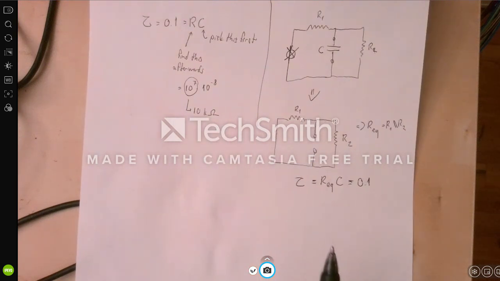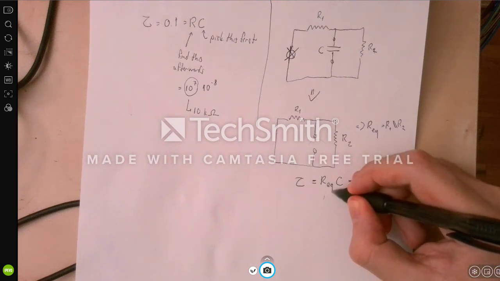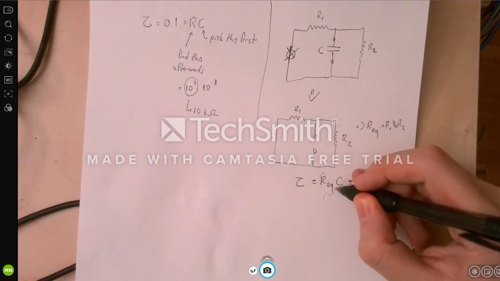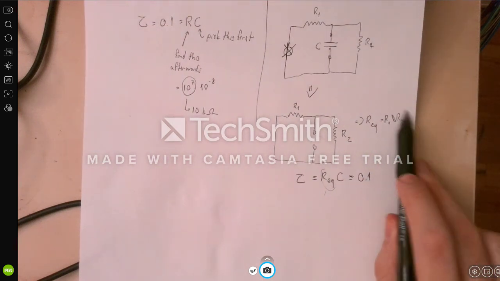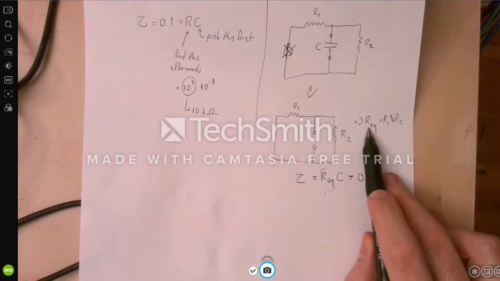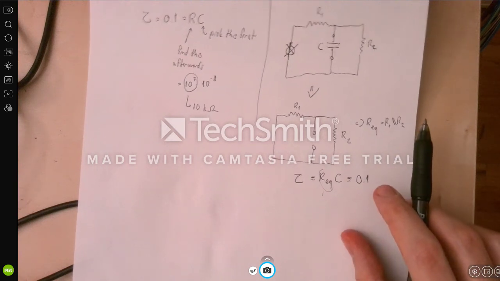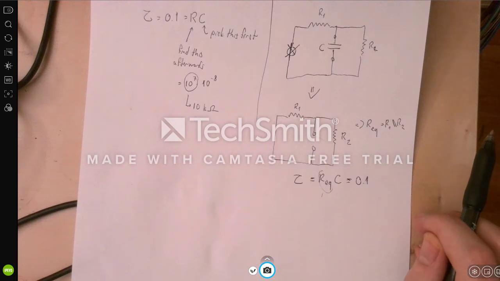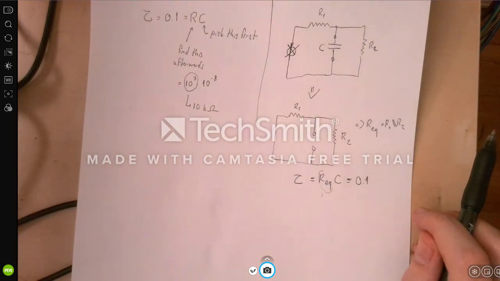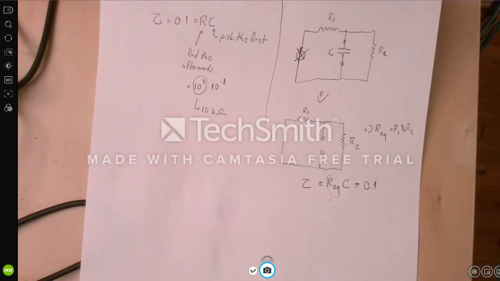Now, in order to get a 10 kilo ohm resistor for the equivalent resistance, we need to use two 20 kilo ohm resistors, right? When you put them in parallel, the equivalent resistance will be 10 kilo ohm. However, we don't have 20 kilo ohm resistors.